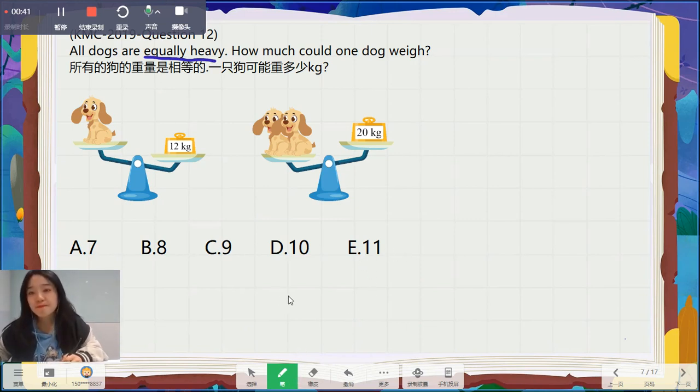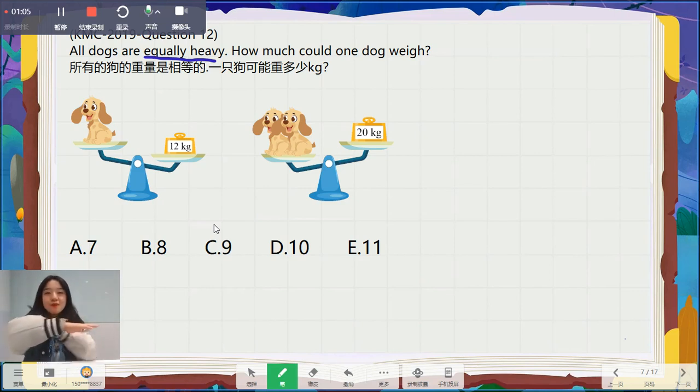Now let's compare. In the first one, first we have to know the rule, the pattern of the balance scale. I'm not sure have you ever seen a balance scale in your real life, but I think at least you have played the seesaw game, right? So when the seesaw or the balance scale is in a level state, what does that mean?